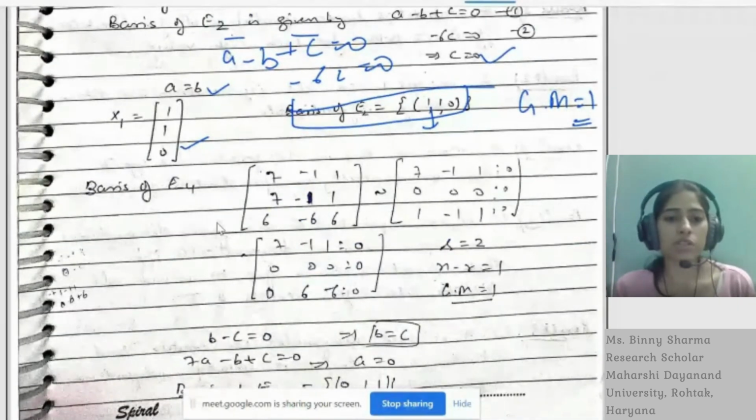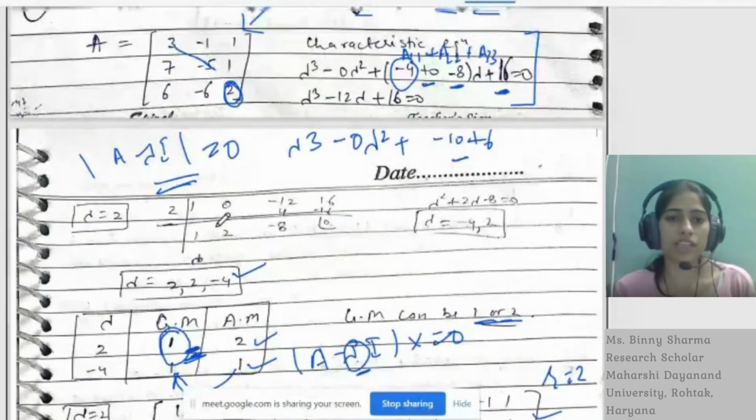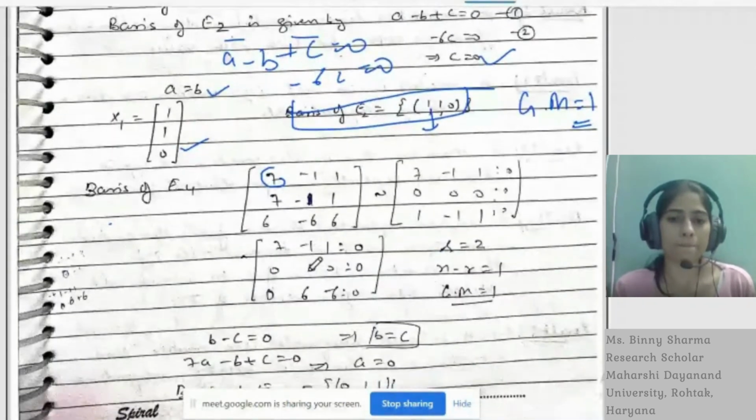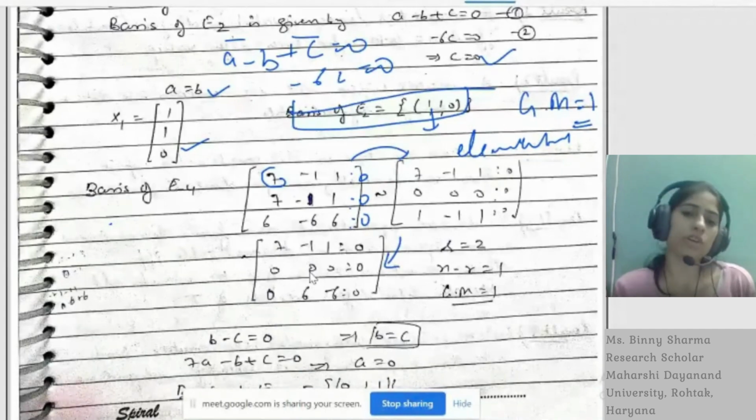Similarly, we can find the basis of E minus 4. Just subtract minus 4 from the diagonal elements of matrix A. In a similar way, we make the augmented matrix and apply the elementary row operations, and we get this transformed matrix.